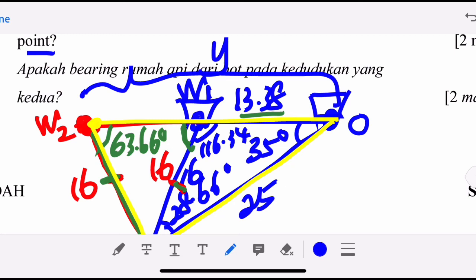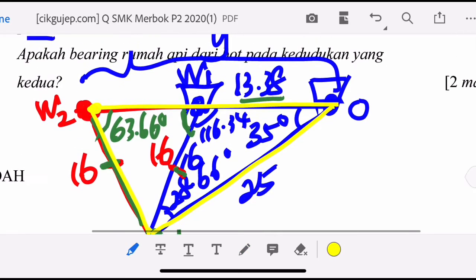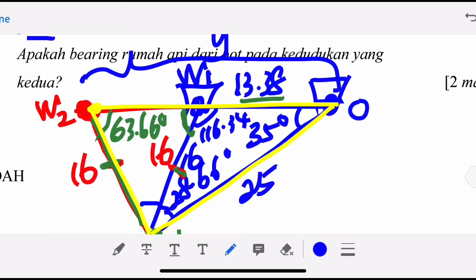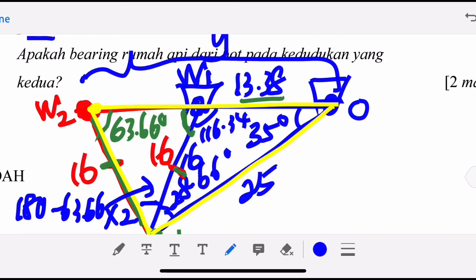We have all the angles, so we can find y. How to find y? You can find this angle also: 180 minus 63.66 times 2.